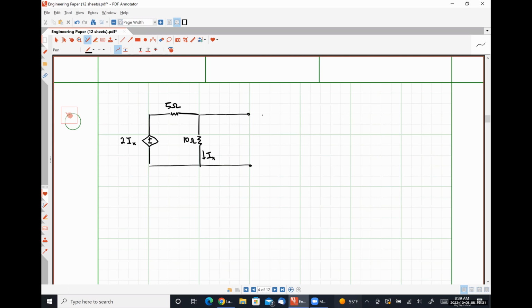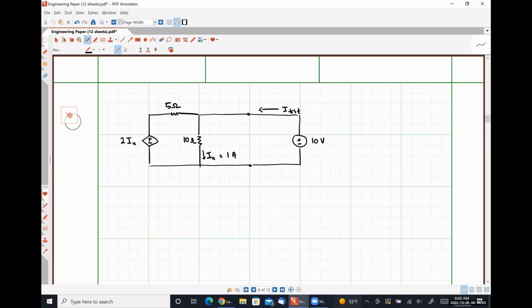So if we chose a test voltage of 10 volts, and we were solving for a test current, we know right off the bat that our current IX is 1 amp. And that eliminates a pretty reasonable part of the work that we have to do.